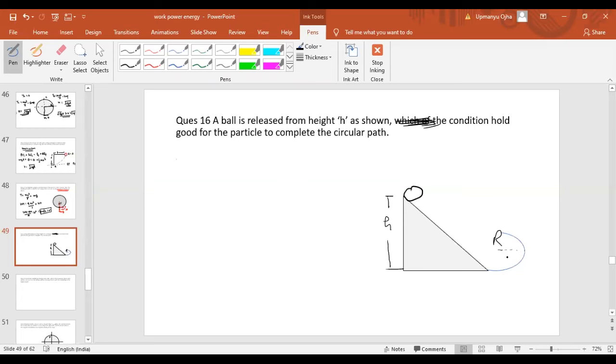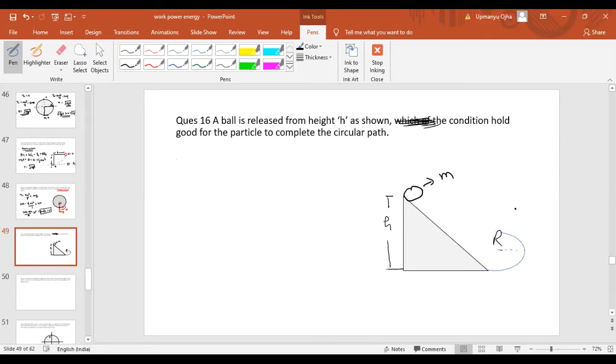What is the condition so that it completes the circular motion? We can assume the mass of the block is m, and the radius of the circular path is r.